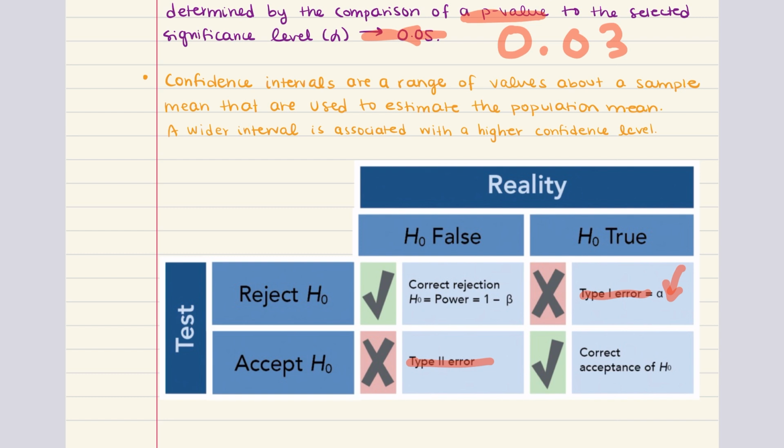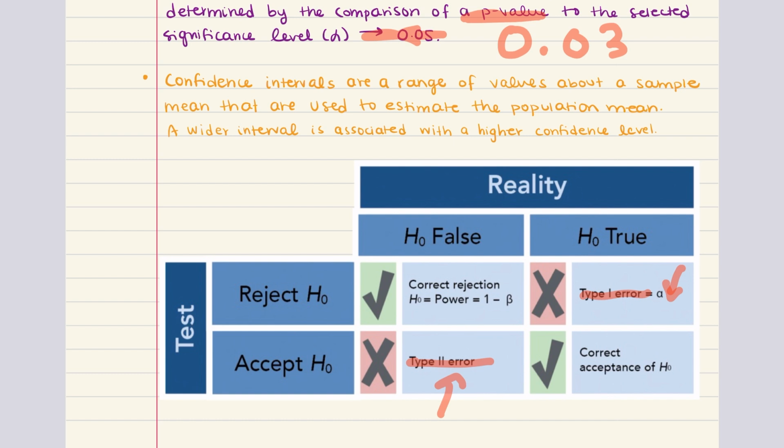So for instance, concluding that a drug works when it actually doesn't, that's a type 1 error. A type 2 error occurs when we fail to reject the null hypothesis, even though it's false. And this is called a false negative. So for example, concluding that a drug has no effect when it actually does, that's a type 2 error.